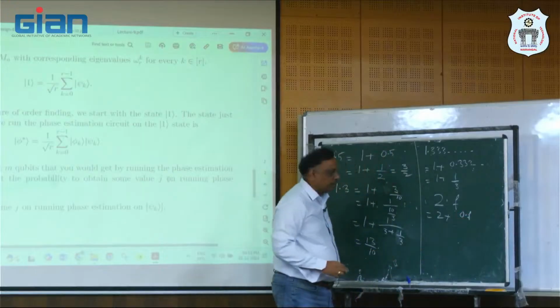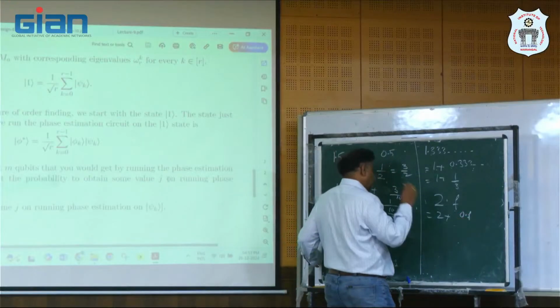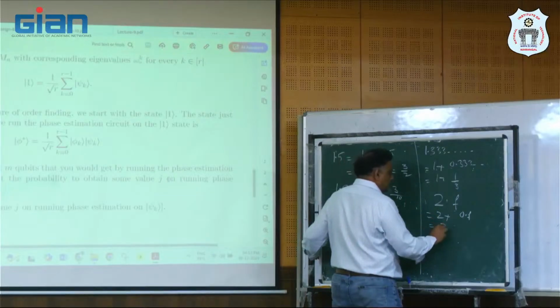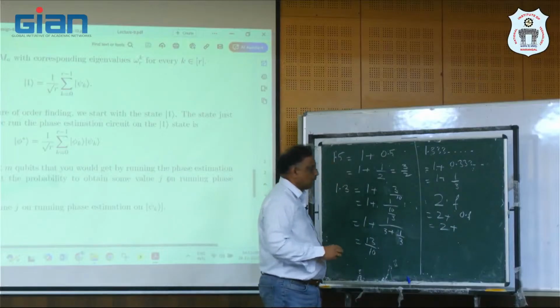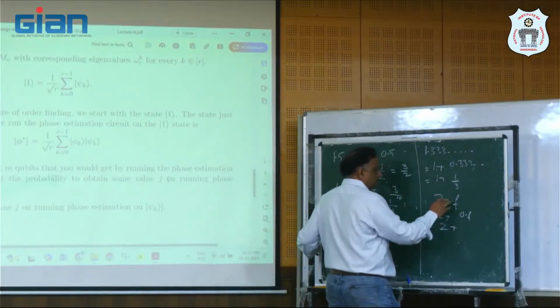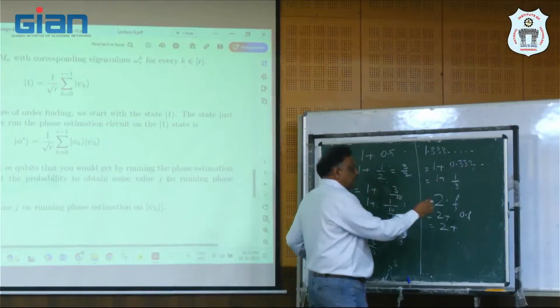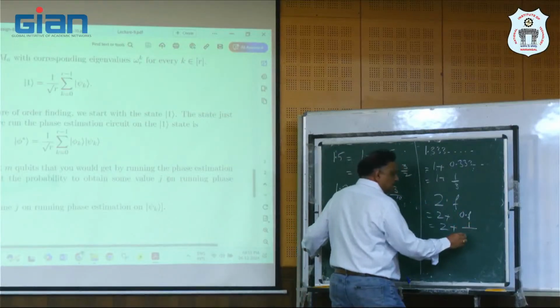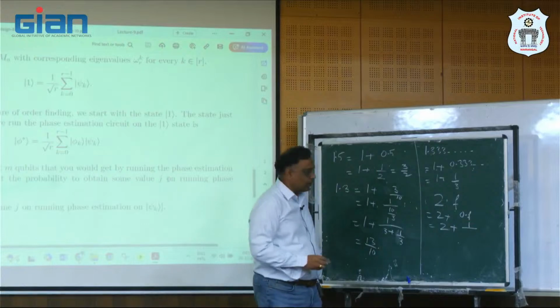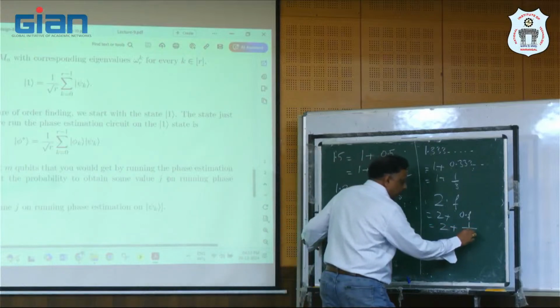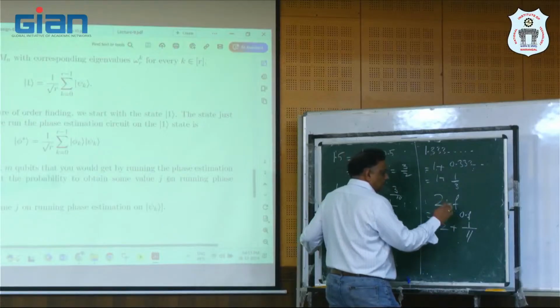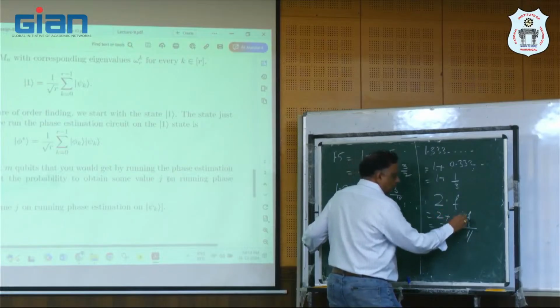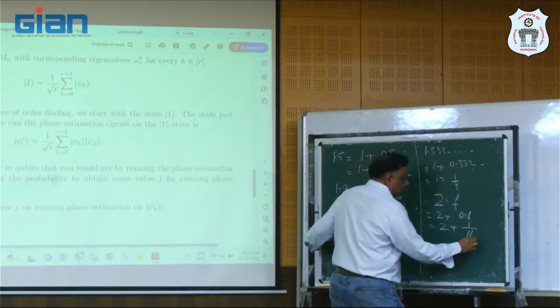But we will try to express this fractional part as 1 over something large, 1 over point f.